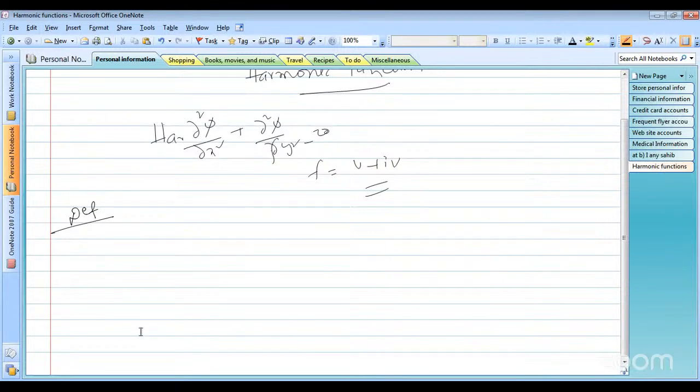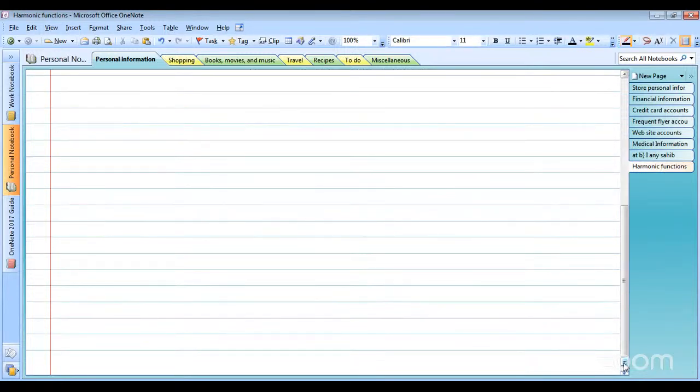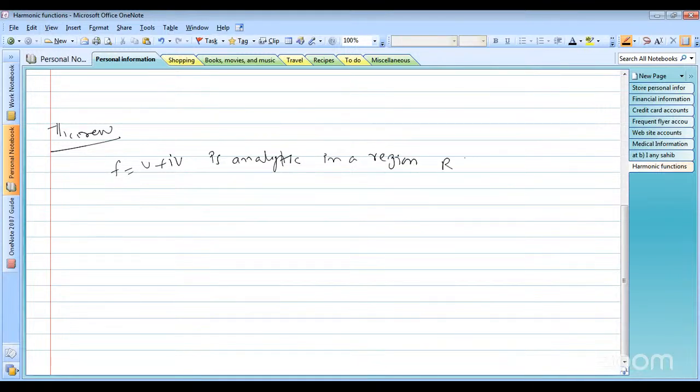Here is one theorem you have to learn. Theorem: if f = u + iv is analytic in a region R, then u and v are harmonic in R, if they have continuous second partial derivatives in R. What is the second partial derivative, sir?